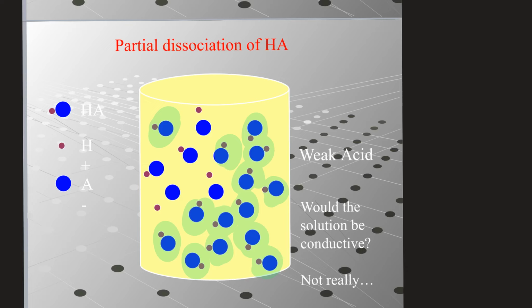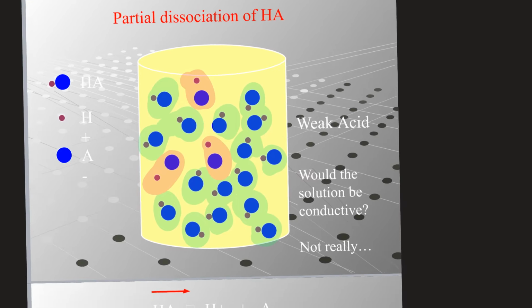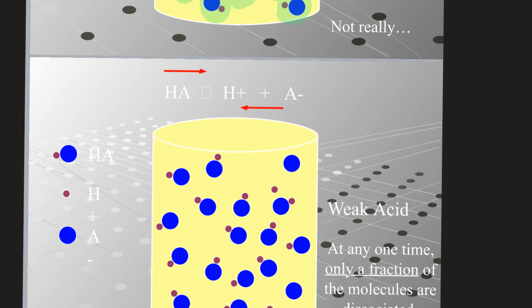So it's a small percentage. If you notice, some of the acids dissociate, but the majority will stay together. That's just the point of all this: weak acids and weak bases don't break up easily.